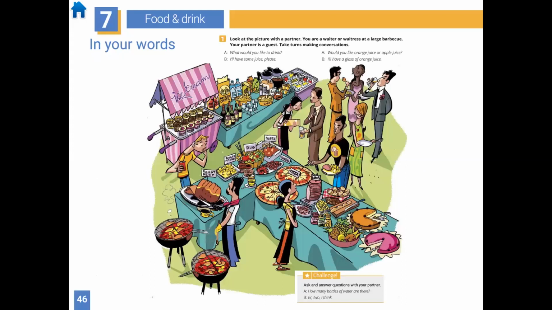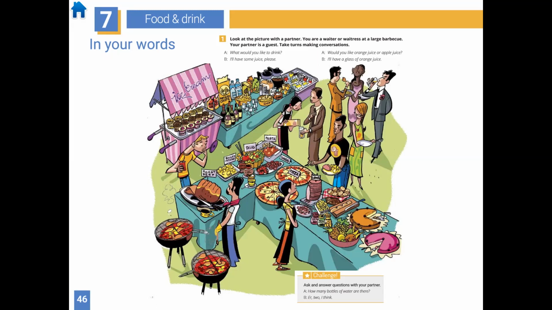Take a look at this wonderful barbecue buffet. Now, what I want you to do next is open your notebooks. And the 3 foods are, number 1, cake. I want you to write 2 sentences, 1 count, 1 non-count.